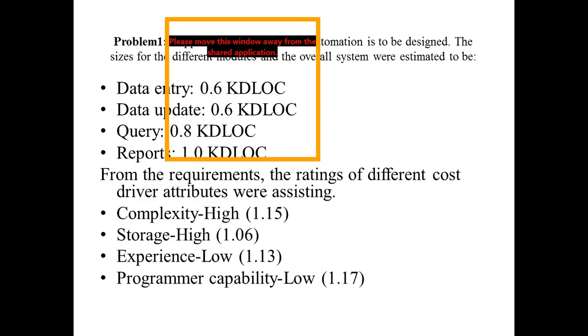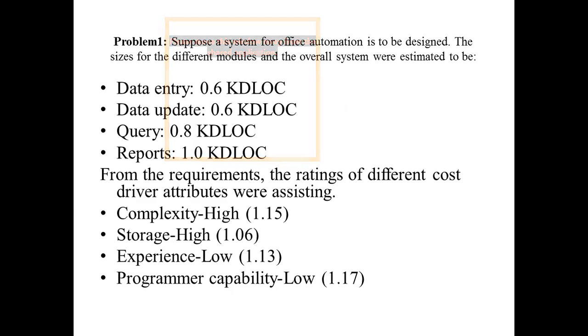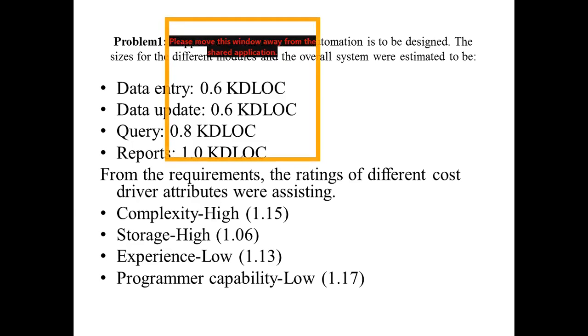First you have to calculate the value of total KDLOC, meaning total lines of code. Total KDLOC is equal to 0.6 plus 0.6 plus 0.8 plus 1.0, which gives 3 KDLOC.